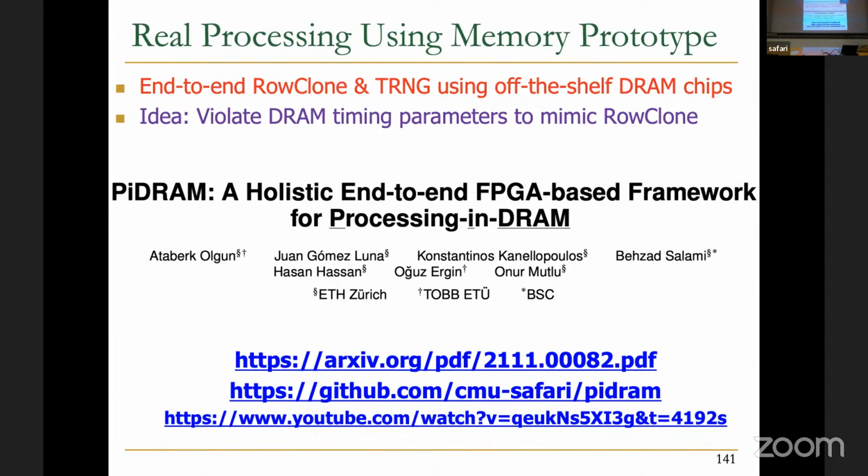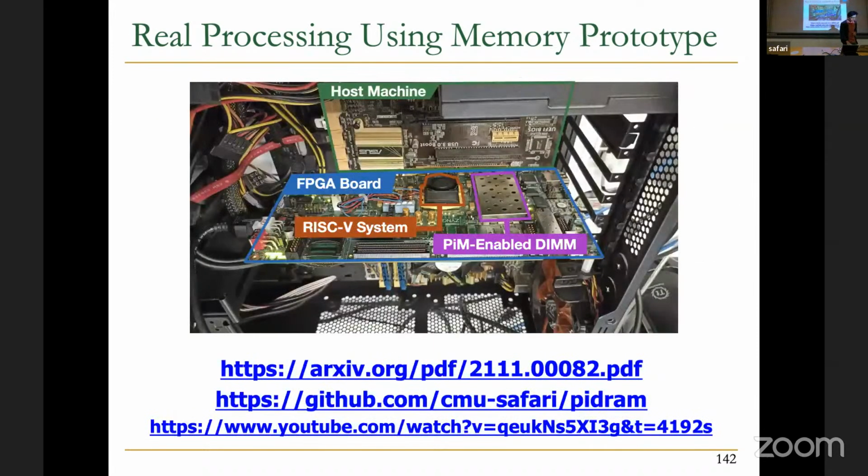And in order to develop this support, it's necessary and good to have experimental platforms. And this is one experimental platform that we propose. This is the PyDRAM framework, where you see that inside an FPGA board, it's possible to design and implement a RISC-V core.